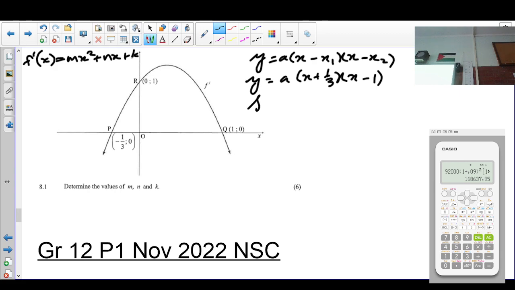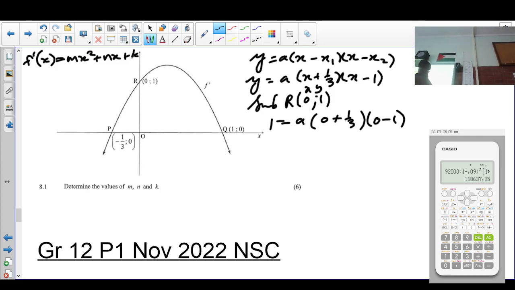To calculate a, I substitute the point that's lying on this graph, which is R, 0 and 1. It's an x and a y. So 1 is equal to a into 0 plus a third, 0 minus 1. 0 plus a third is a third, 0 minus 1 is -1, so it's negative a third a. So a is equal to -3.